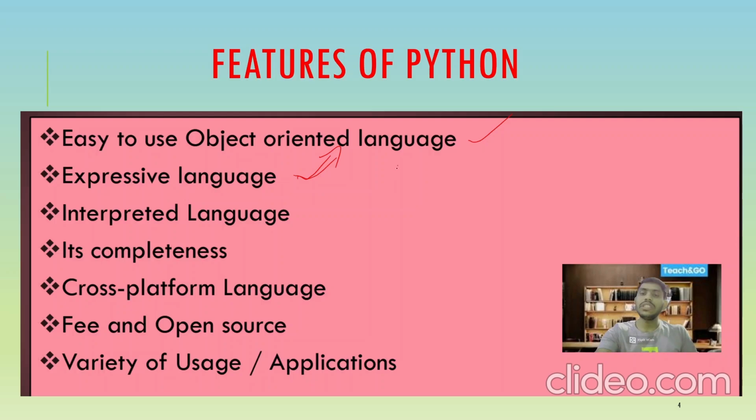Suppose we take C++ and Python. In C++, suppose we want to swap, exchange a value.